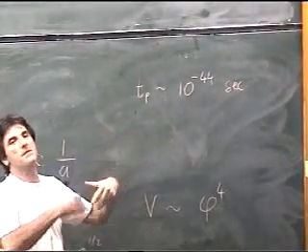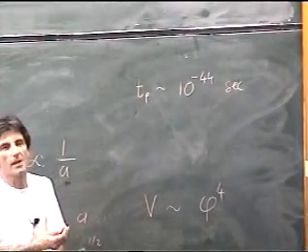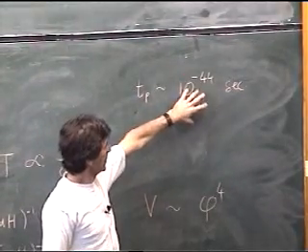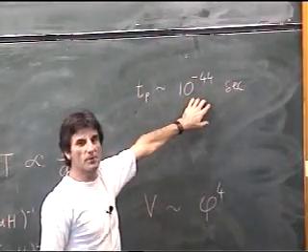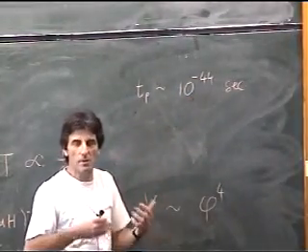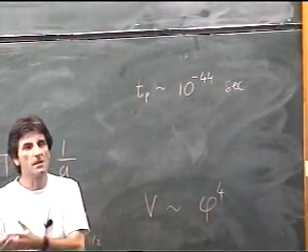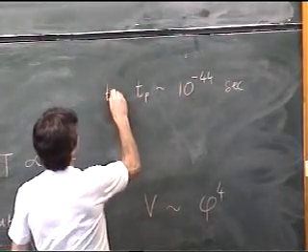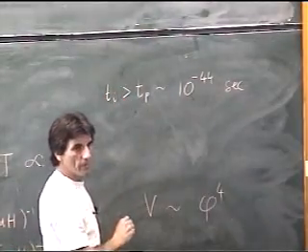But after the Planck time, general relativity will begin to be valid. So the Planck time is 10 to the minus 44 seconds. So we would think the start of inflation can't be before then, because otherwise we'd have to have quantum gravity, and we're looking at inflation with general relativity and quantum field theory. So the start of inflation must be greater than the Planck time.